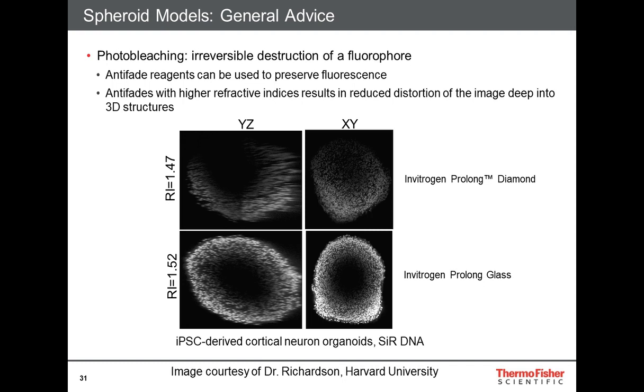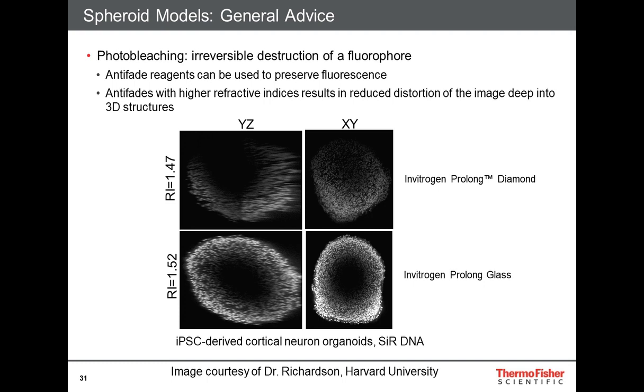A reagent that fits this bill that has existed for several years is Invitrogen Prolong Diamond that provides very valuable anti-fade protection in thin specimens, but for thicker specimens such as spheroids or these cortical neuron organoids, we need something new called the Invitrogen Prolong Glass.